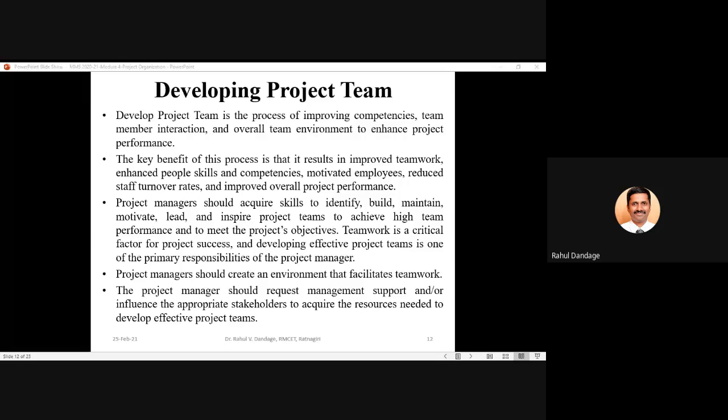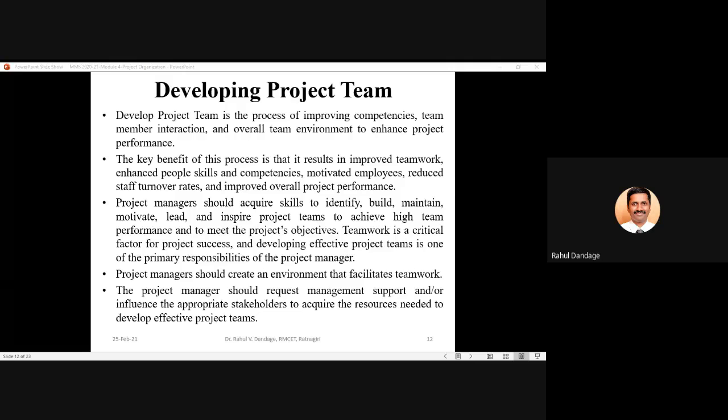But if we develop the project team specific to a project, the employees will feel motivated to perform their task. They will always feel motivated to help each other. They will always feel motivated to give their feedback, suggestions, and opinion with respect to the development and other aspects of your project.